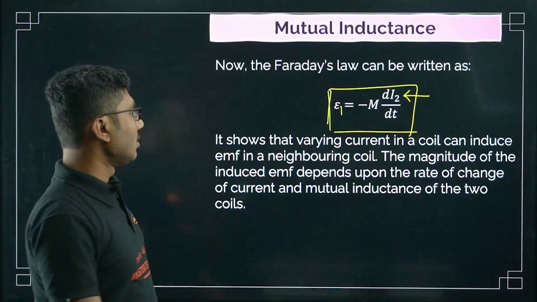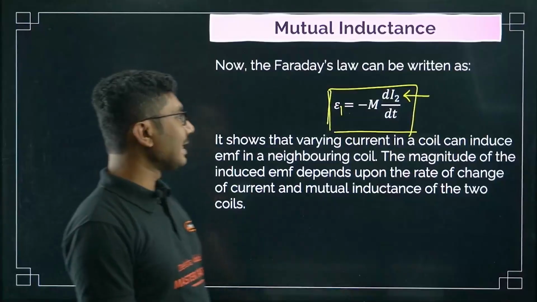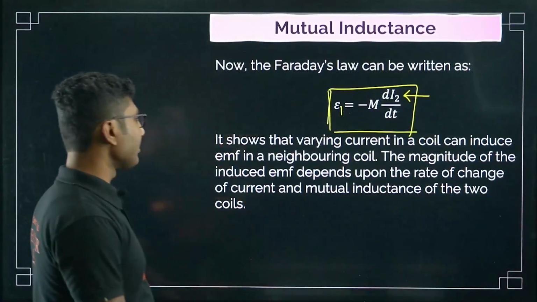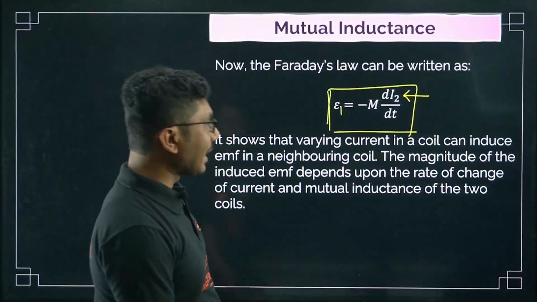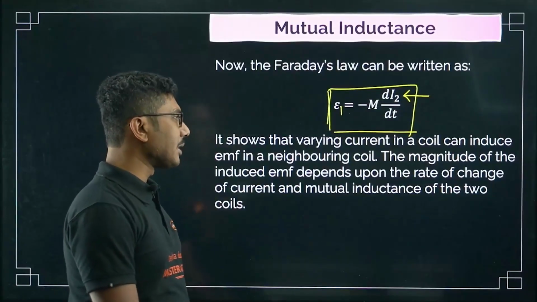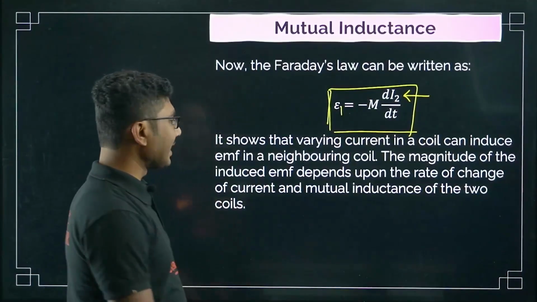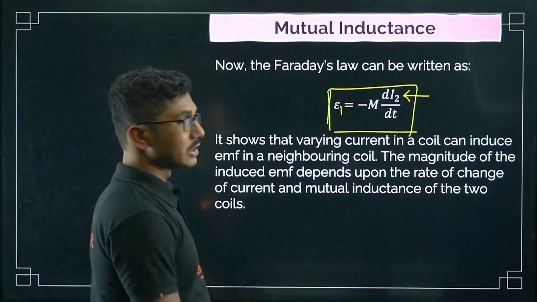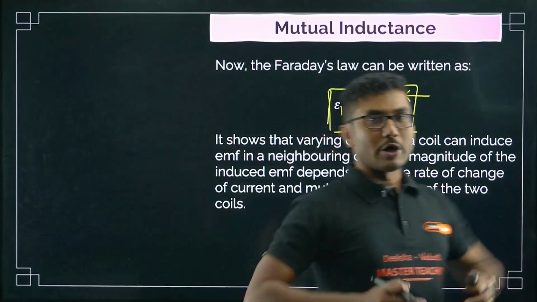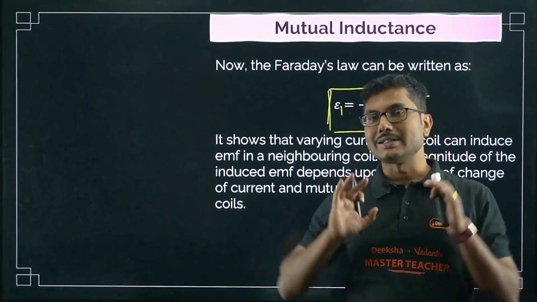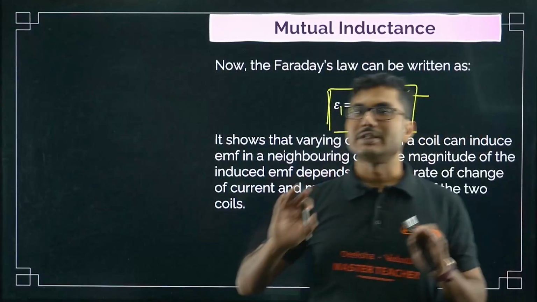Epsilon 1. It shows that a varying current in a coil can induce an EMF in a neighboring coil. The magnitude of the induced EMF depends upon the rate of change of current and the mutual inductance of the two coils. Mutual inductance between two coils, as long as their orientation and distance are constant, is basically a fixed quantity.